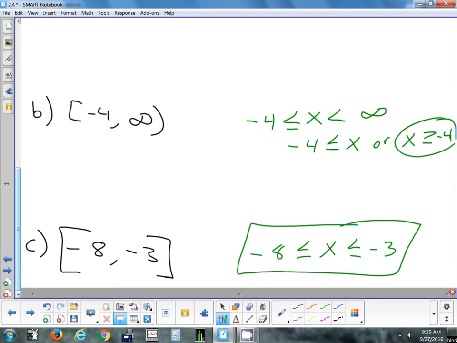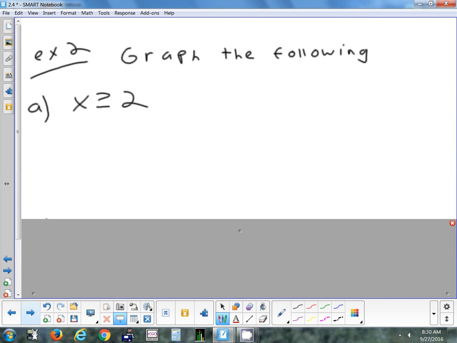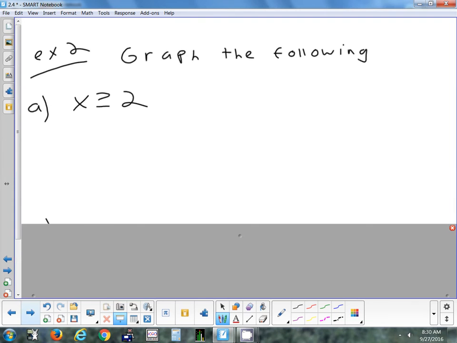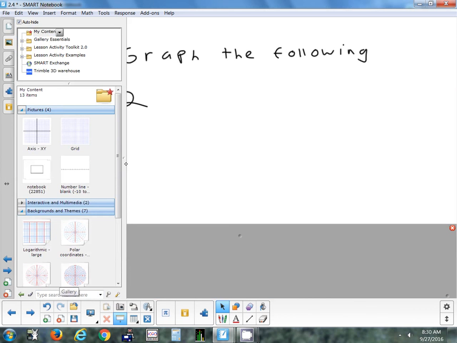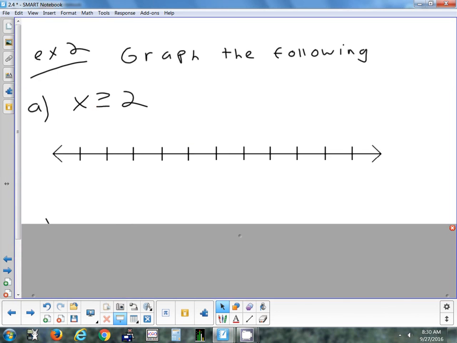All right. Okay, so let's do some graphs. Okay, we'll graph x is greater than or equal to 2. All right, so what do I have to do to graph that?